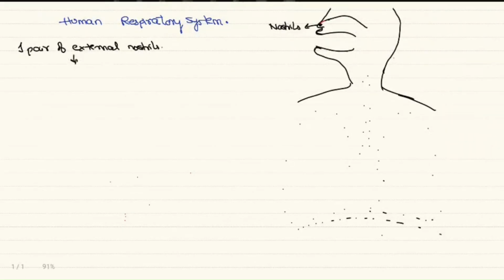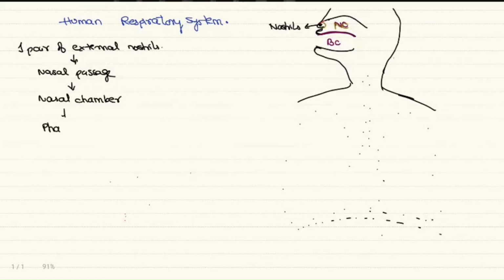These external nostrils open into a small nasal passage, and this nasal passage later opens into the nasal chamber present above the palate. So above our buccal chamber, this is the nasal chamber present above the palate.